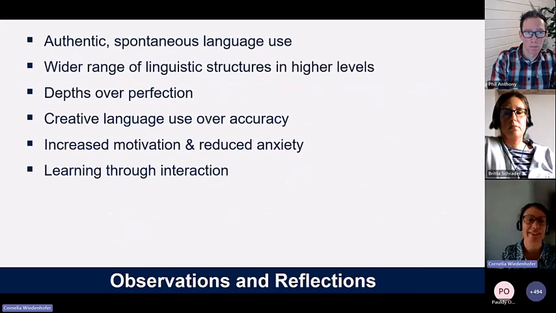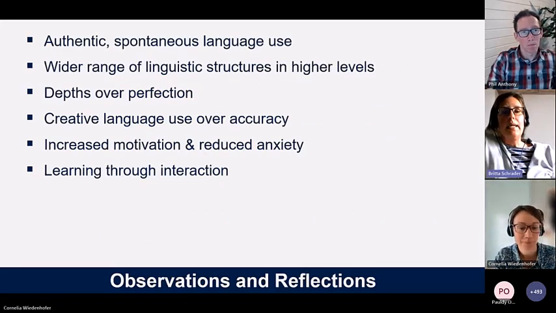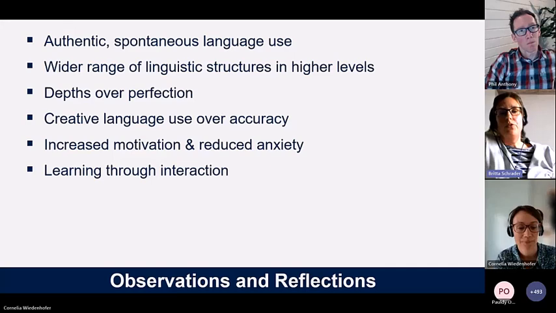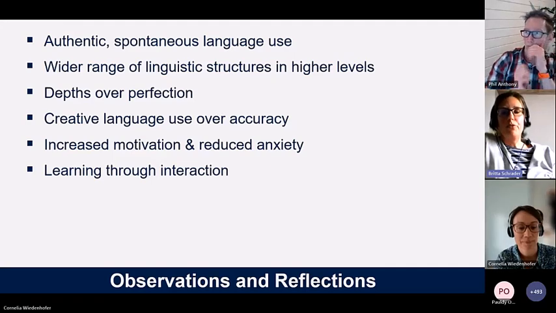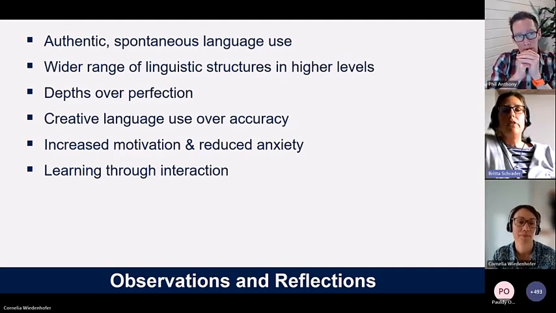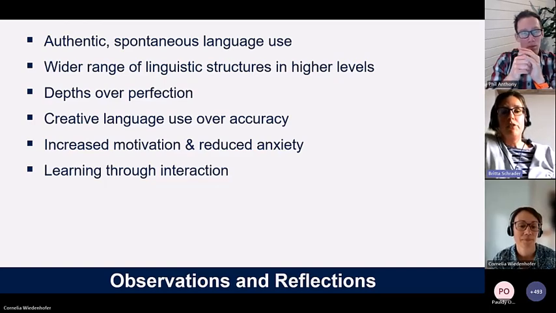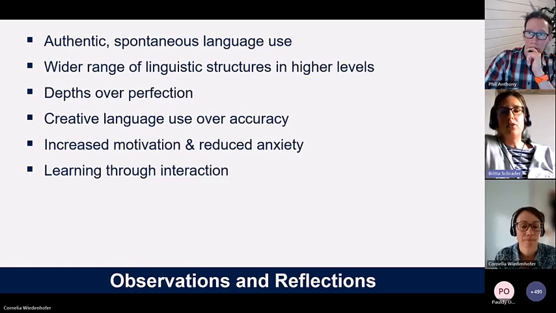So our observations and outcomes. Yes, so looking at the student output of the writing task with the AI, we observed the following. Students really demonstrated their spontaneous and genuine communication skills, which reflected their real-time skills and not just rehearsed phrases. And especially in higher levels, students showed a wider range of linguistic structures and especially communicative competence, as they had to react to varied and unpredictable prompts from AI.